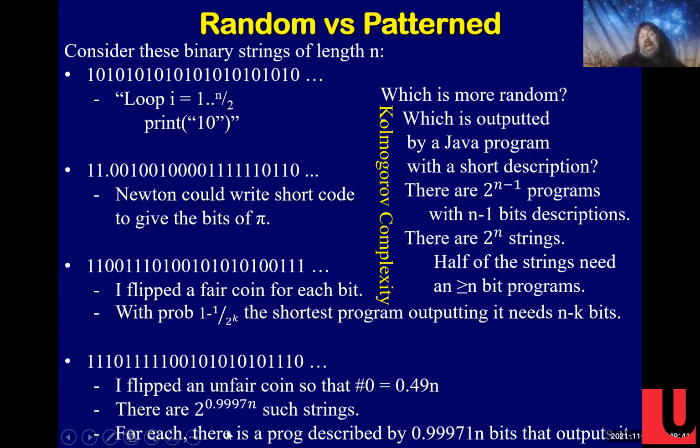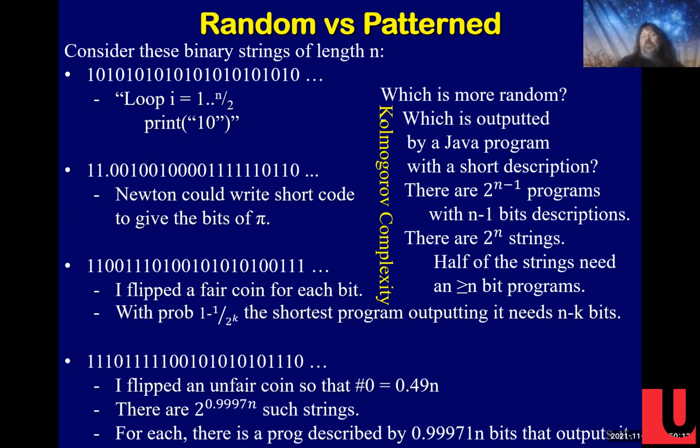And that tells me that these strings aren't quite random, because they have shorter descriptions. Most strings need descriptions of length n, but this one requires a description that's slightly smaller. Does that make sense? This particular string is less random because it can be described by a small Java program.